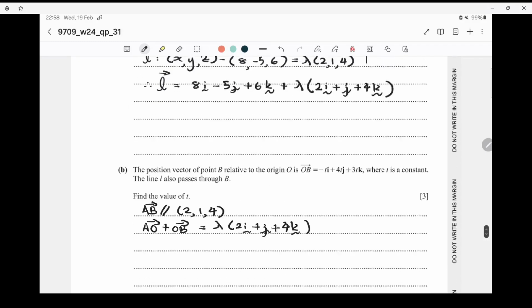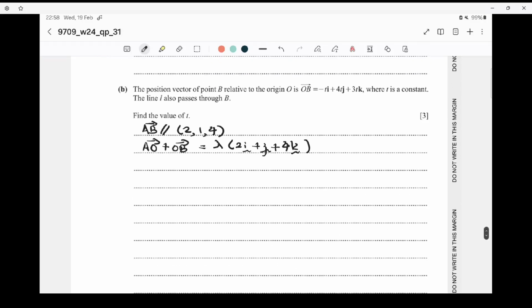So AO would be the minus of that, so you get minus 8i plus 5j minus 6k plus minus ti plus 4tj plus 3tk.